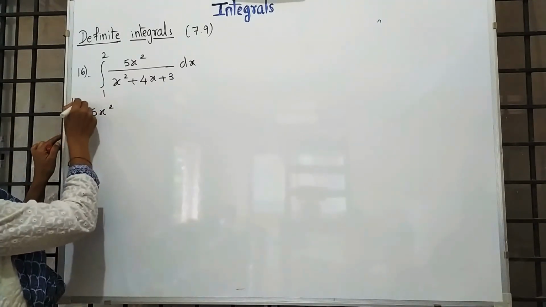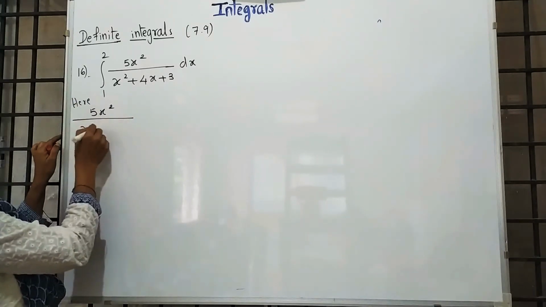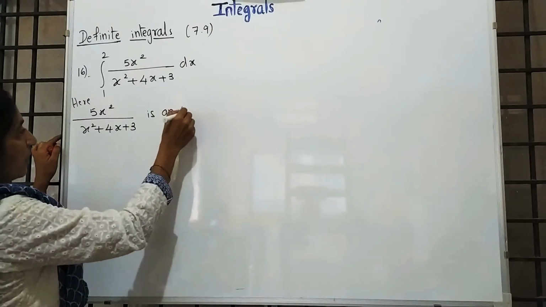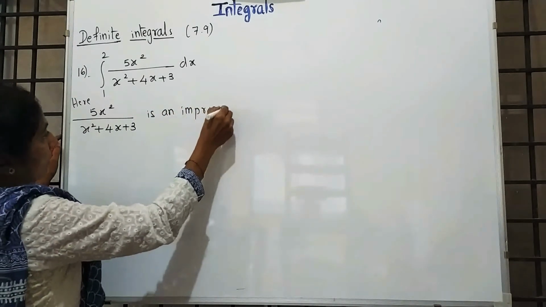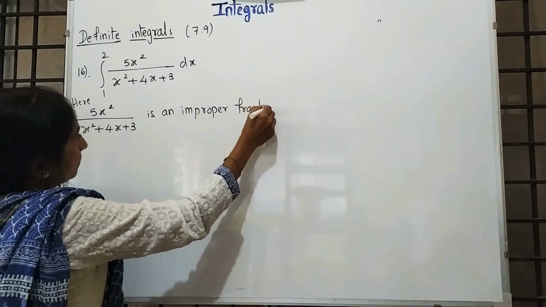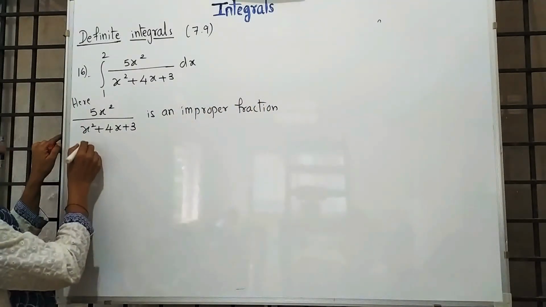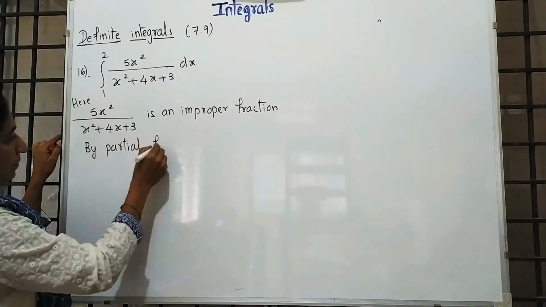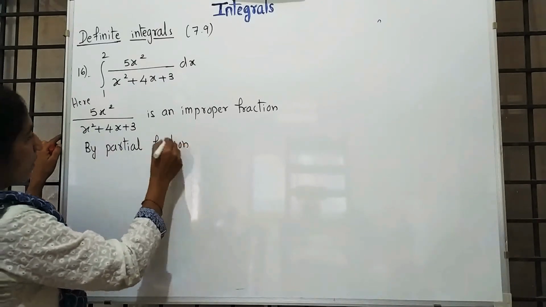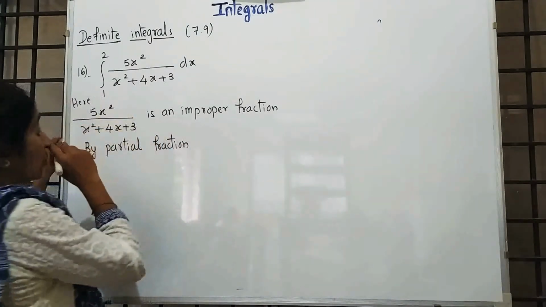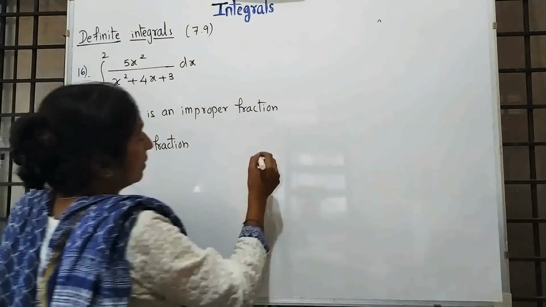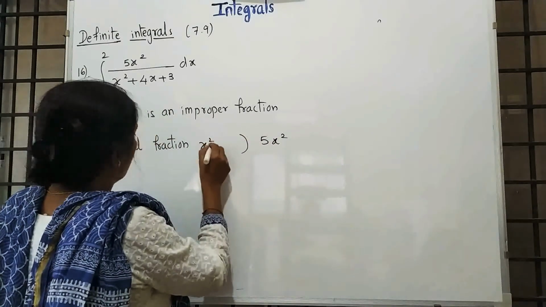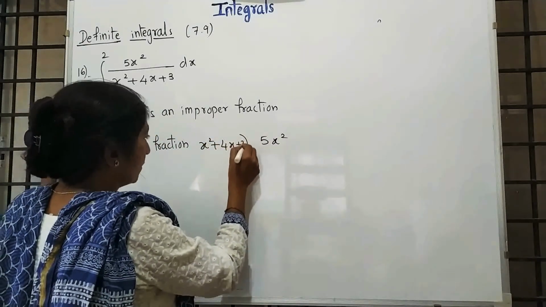Here, 5x square upon x square plus 4x plus 3 is an improper fraction. Next, by partial fraction, we have to divide the numerator, 5x square, by x square plus 4x plus 3.